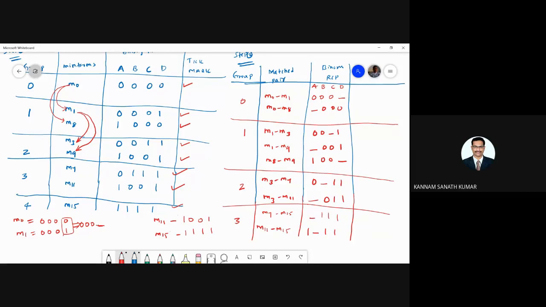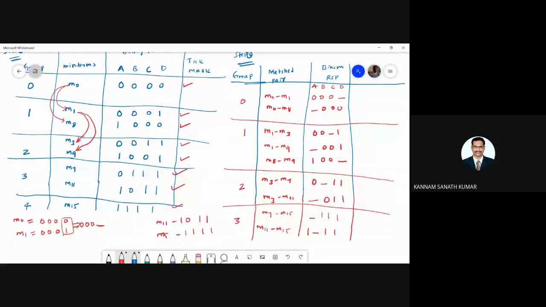Sorry, here, what is M11? M11 is 1011. Okay, M11 is 1011 and this is M15.